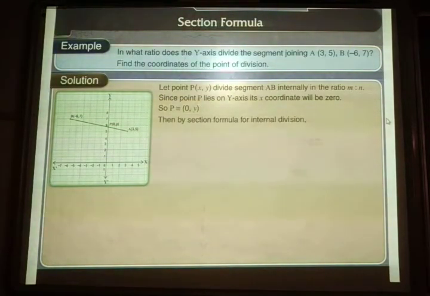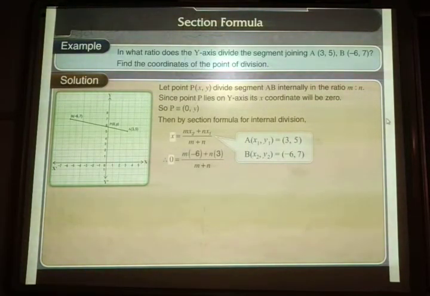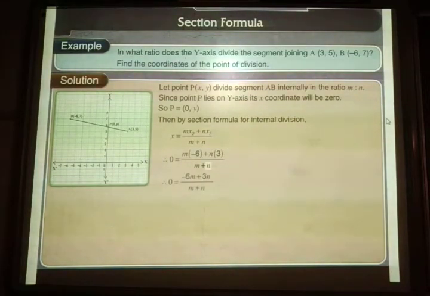By section formula for internal division, x is equal to (mx2 plus nx1) upon (m plus n). Substituting the values, we get 0 is equal to (m into -6 plus n into 3) upon (m plus n). Therefore, 0 is equal to (-6m plus 3n) upon (m plus n).